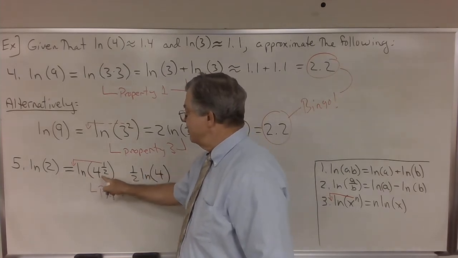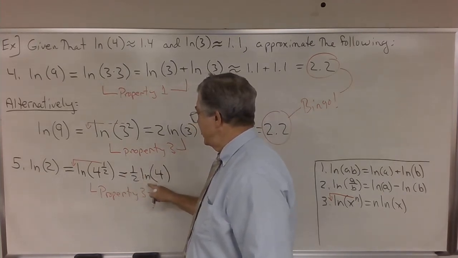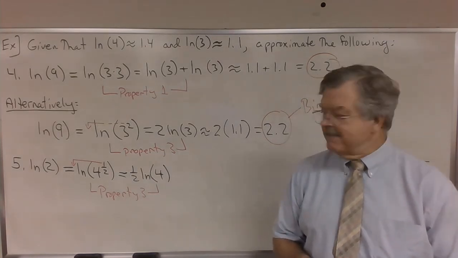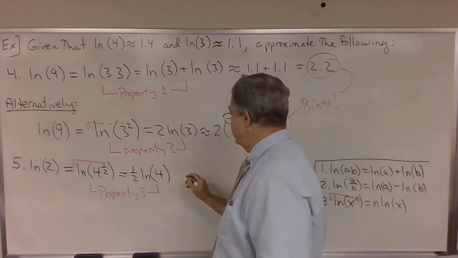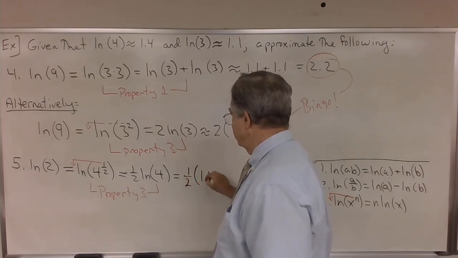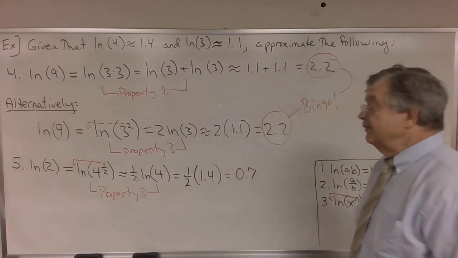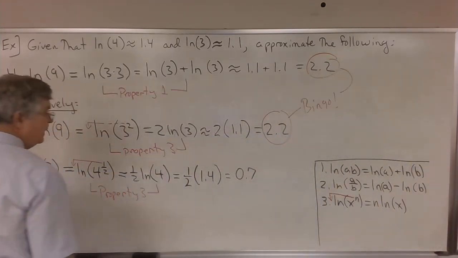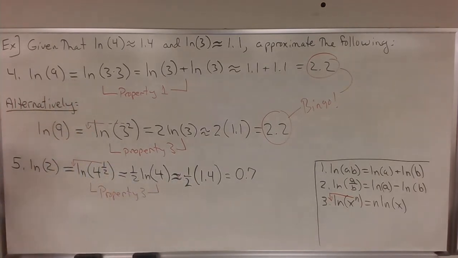So natural logarithm of 4 to the 1/2 power is equal to 1/2 logarithm of 4. And I'm sorry, I didn't mean to give you a panic attack. We know what logarithm of 4 is. It's 1.4. So the natural logarithm of 2 is approximately equal to 0.7.